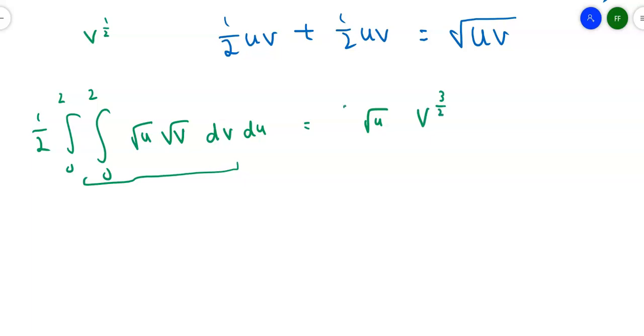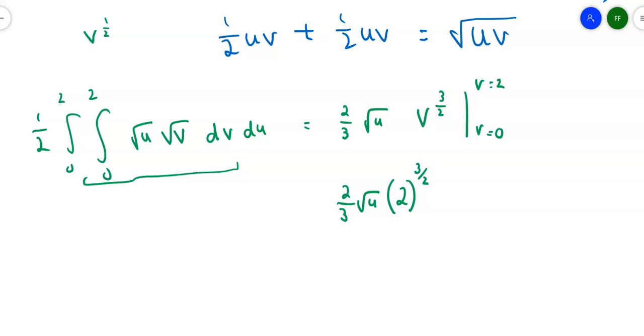Well, dividing by 3/2 is the same thing as multiplying by 2/3. I'm going to evaluate this for v equals 2 and v equals 0. So this will give me 2/3 square root of u times 2 to the 3/2 power. If I put a 0 in for v, it goes away.